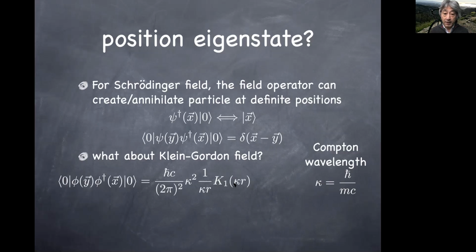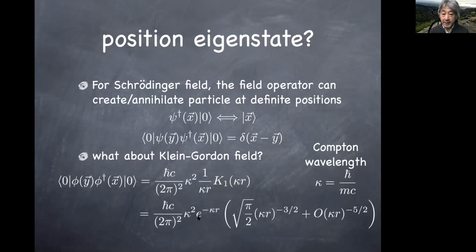If you're not familiar with this Bessel function, you can look at the large distance behavior of this function, which is exponentially damping. So κ tells you the characteristic length scale of how this inner product damps as a function of the distance. It's no longer a delta function, but it does damp exponentially at large distances. So it is sort of localized, but not sharply localized.